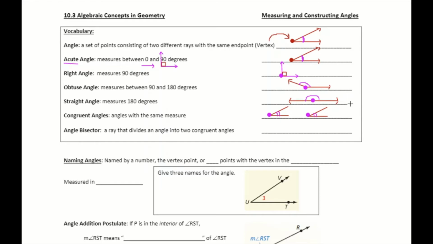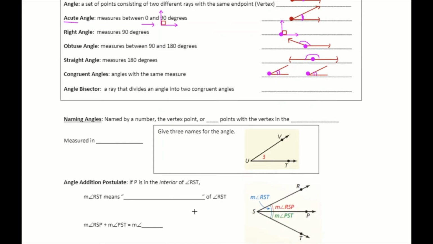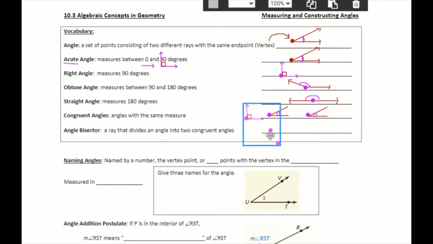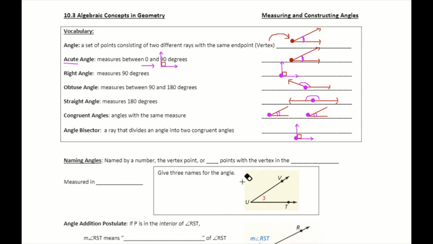Now an angle bisector is a ray that essentially cuts the angle in half. So let's say you had a 90-degree angle, so let me copy this one up here. I don't need all the rest of that stuff, but I can delete those in a minute. So let's say I have this 90-degree angle measure. An angle bisector would be one that cuts it in half. Let me use a different color here.